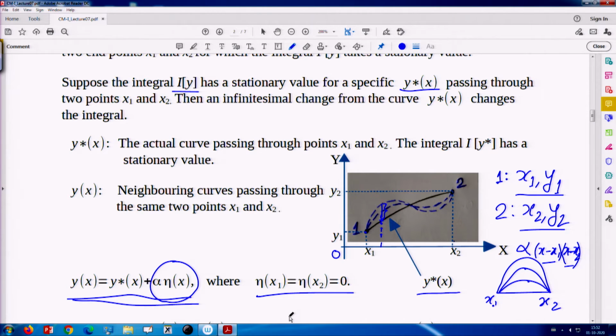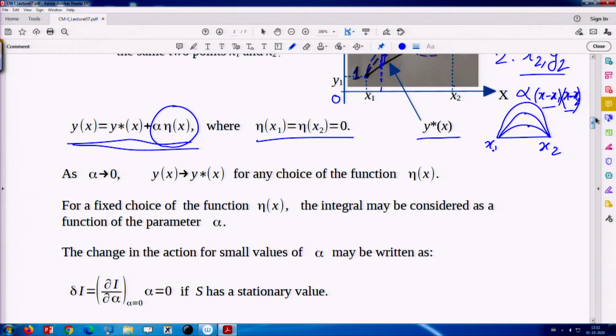So, between point 1 and 2 there are various curves. Now, as alpha goes to 0, y goes to the actual path, which is given by y star of x.